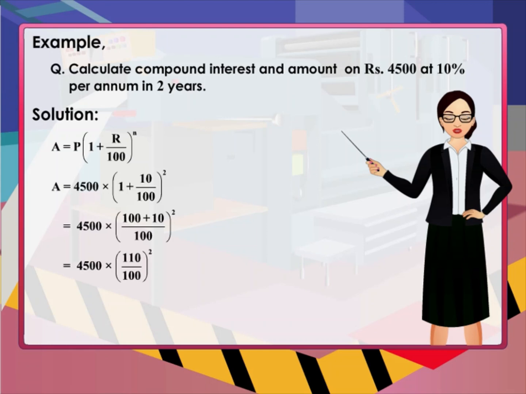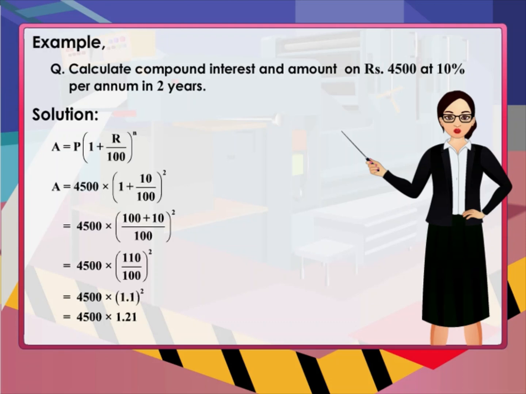Now cancel 1 0 in the numerator and denominator. Divide 11 by 10. We get 1.1. So we write it as 4,500 into 1.1 the whole square is equal to 4,500 into 1.21, since 1.1 the whole square is equal to 1.21.